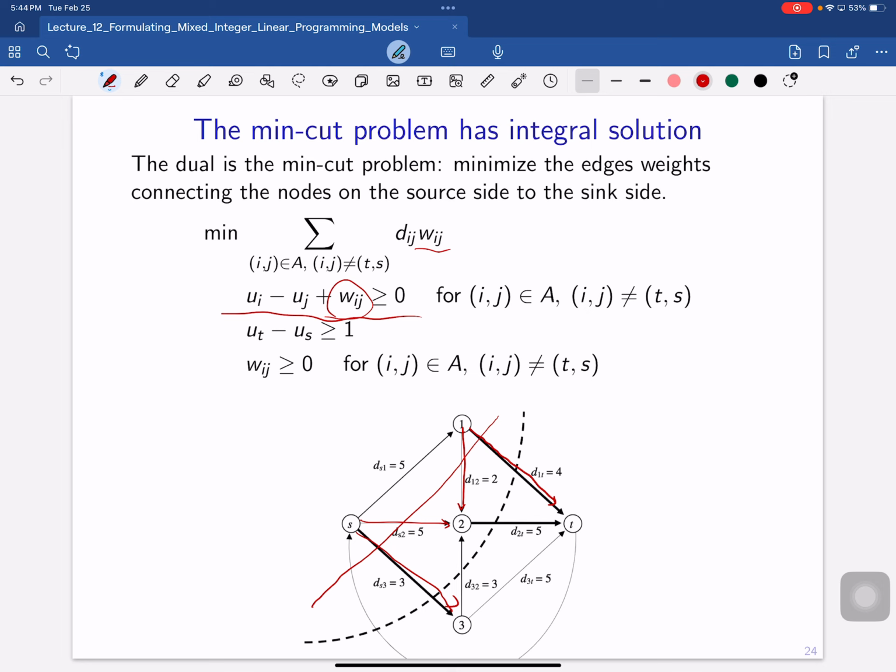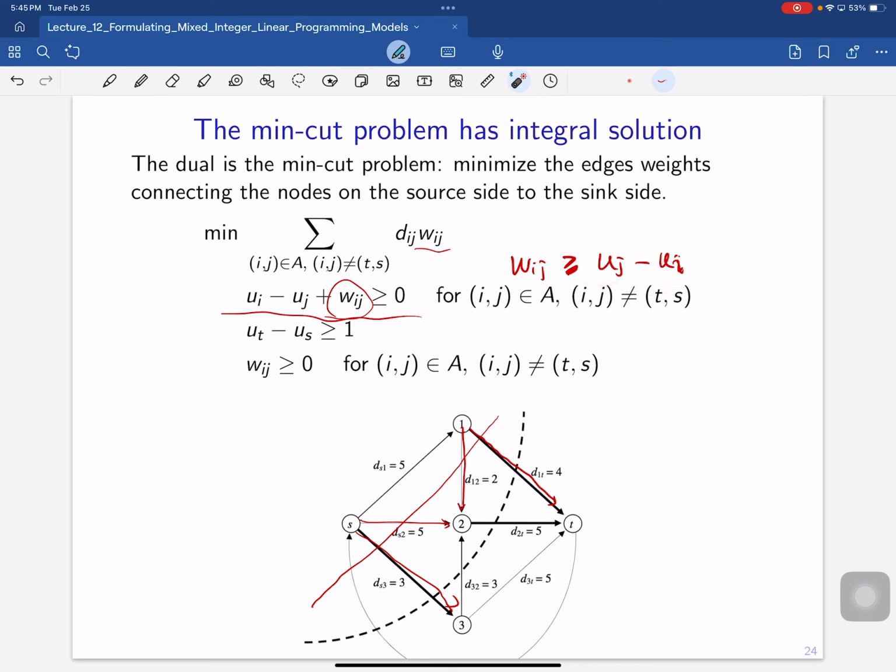Essentially, the constraint on Wij is that Wij needs to be greater than or equal to Uj minus Ui. So Wij is lower bounded by the difference of Uj and Ui, and you are minimizing over Wij, with Wij greater than or equal to 0. If you only have this constraint, it will take this value, because you are minimizing.